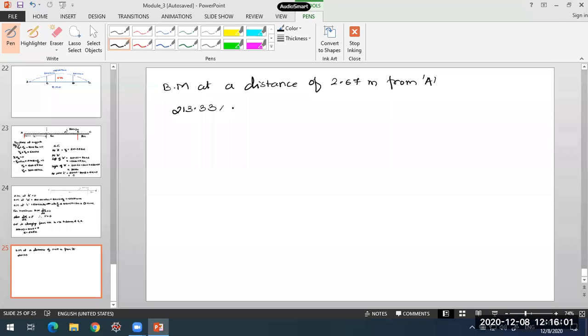This is VA into 2.67, left side clockwise moment, minus 80 into 2.67 into 2.67 by 2. So this will be how much? This is our maximum bending moment.